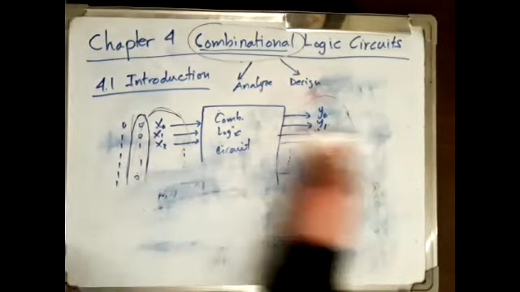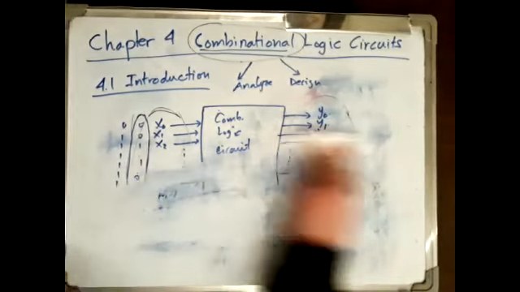All right, so let's now see how we can analyze a combinational logic circuit, which is something we already did. Section 4.2, analysis of combinational logic circuits. Basically, what is meant by analysis?